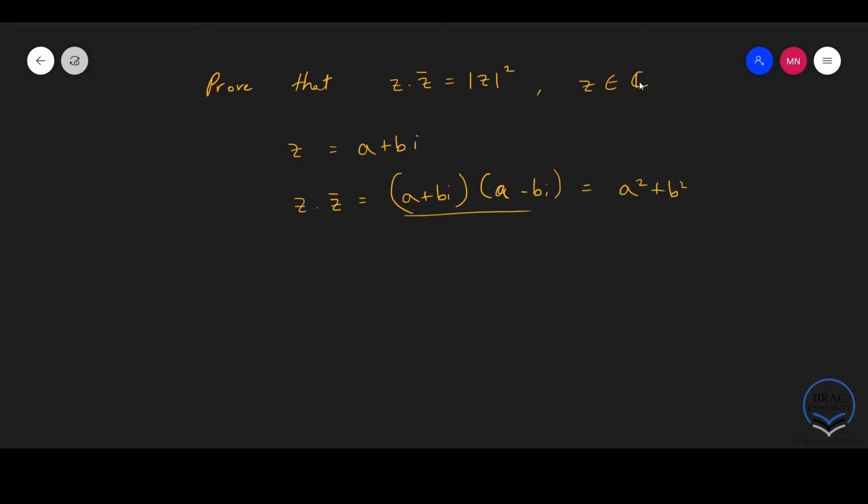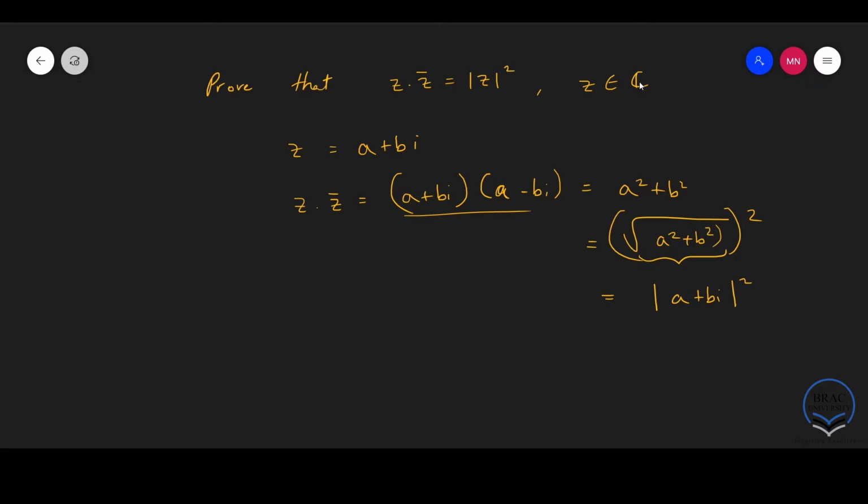And this becomes a squared plus b squared. So if I expand this, I will get a squared plus b squared, and I can also write this as the square root of a squared plus b squared, whole squared, right? And we know that this should be equal to just the magnitude of a plus bi squared, right?